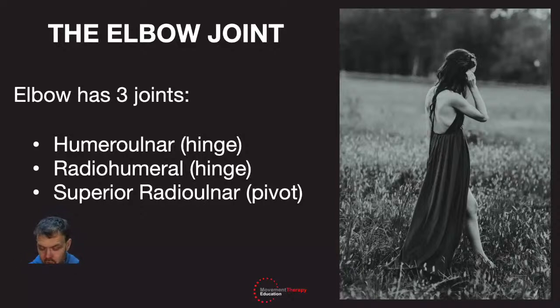So your elbow joint. We've got three joints in the elbow, and they are formed from the three bones. So we've had a look at one already in the shoulder. That was the joint in the shoulder, or one of them, the glenohumeral joint. So we've got the glenoid of the scapula, and then the humeral head joining together to form that ball and socket joint.